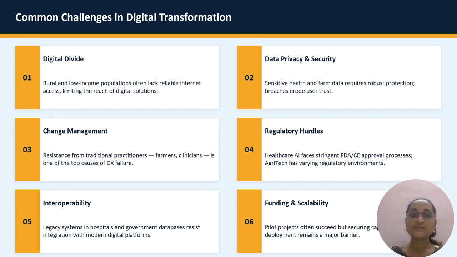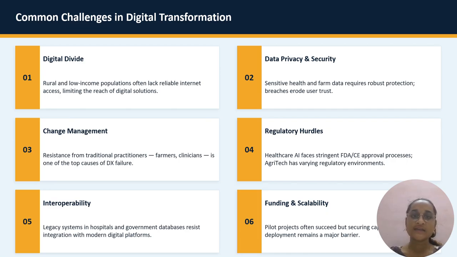And then the second one is data privacy and security. Sensitive health and farm data requires robust protections; breaches erode user trust. Health records and farming yield data are private. One data leak or hack and the user stops trusting the platform.